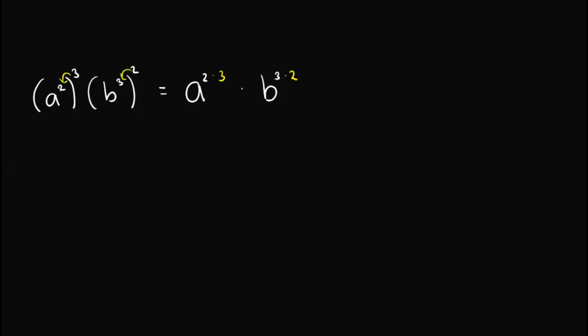So let's take this one as the power of a power law. And simplifying this would give us a to the 6 times b raised to 6.